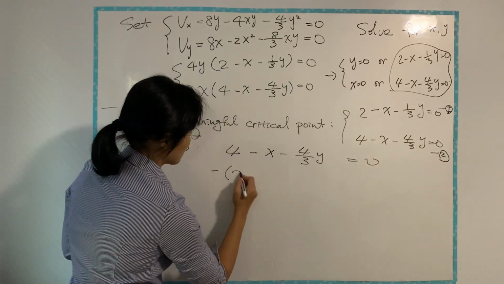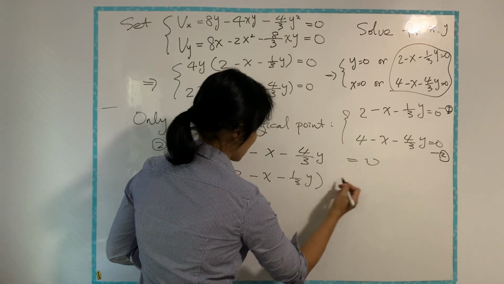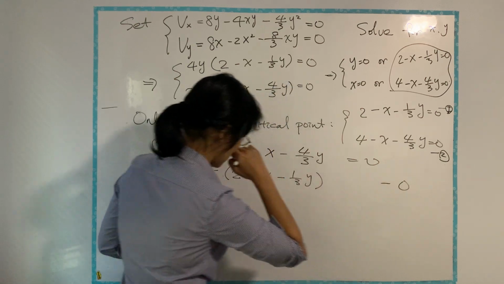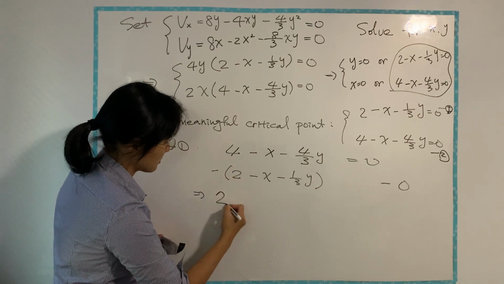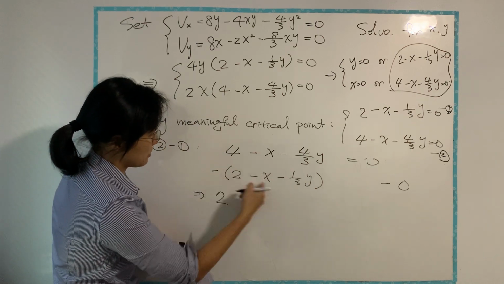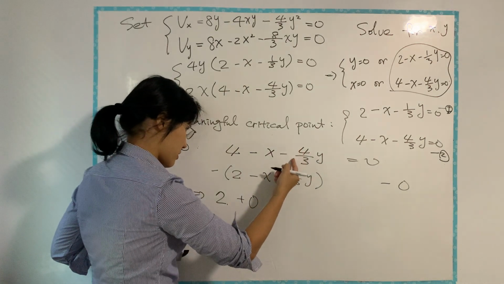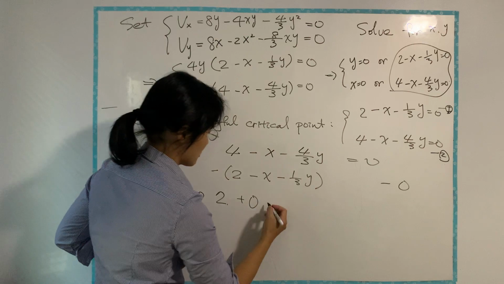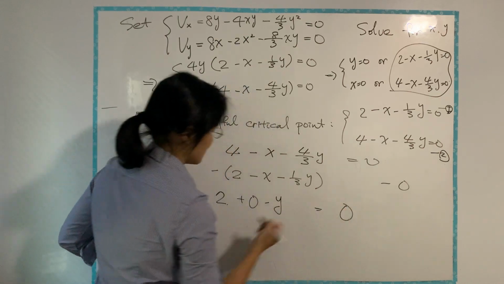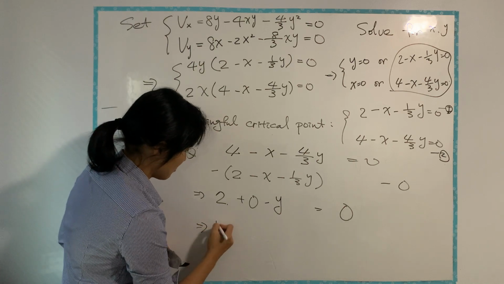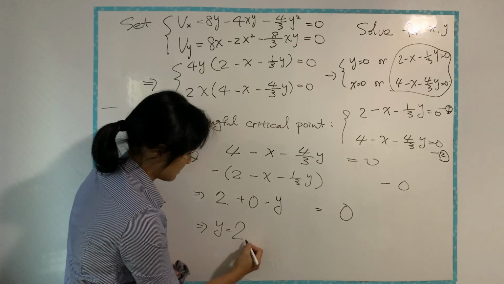Now minus 2 minus x minus 1/3 y with parentheses minus 0. Okay? So here I have 4 minus 2, that's a 2. I have negative x plus x, so plus 0. I have minus 4/3 y plus 1/3 y, so that is minus y and equals 0. Okay? So this gives me y is equal to 2.